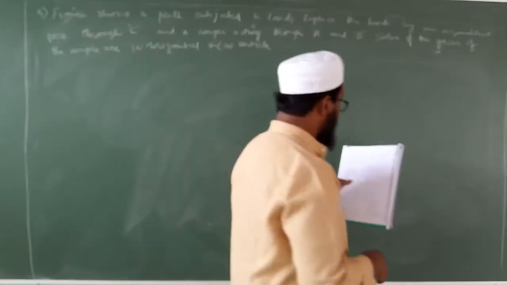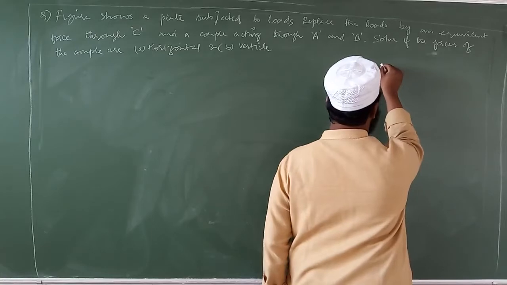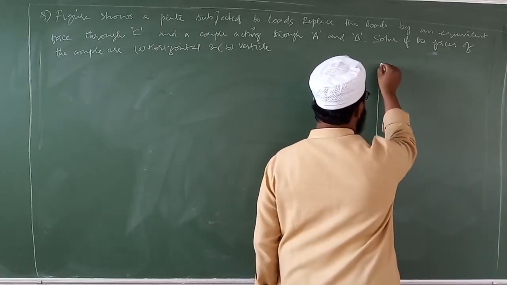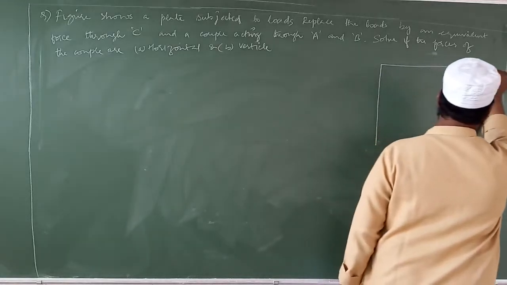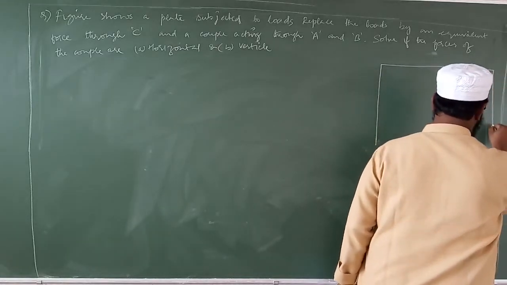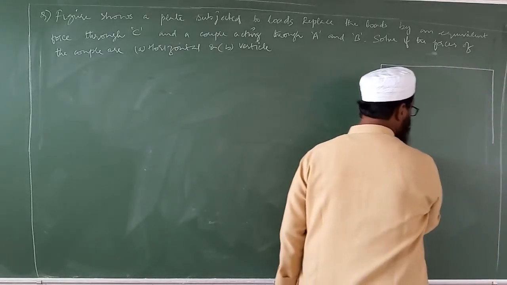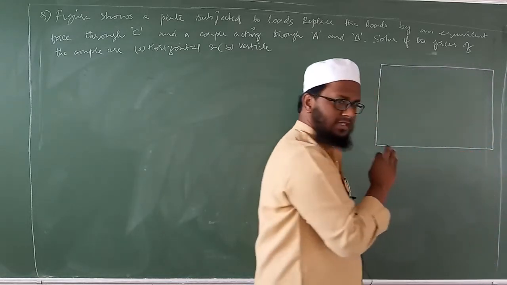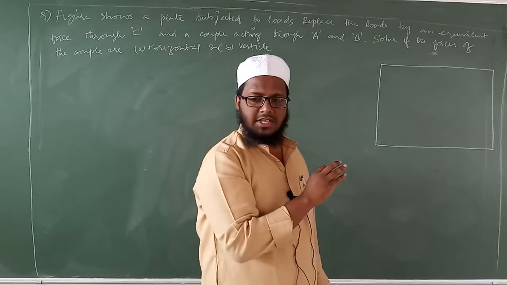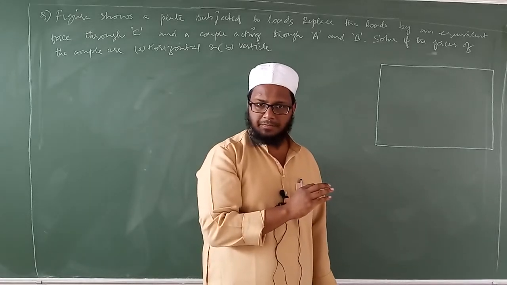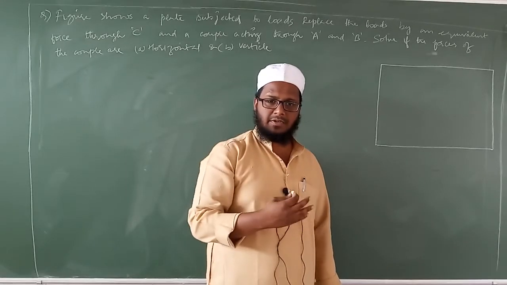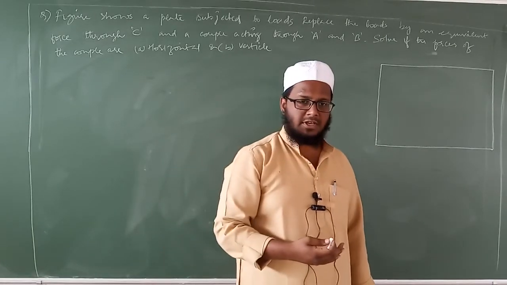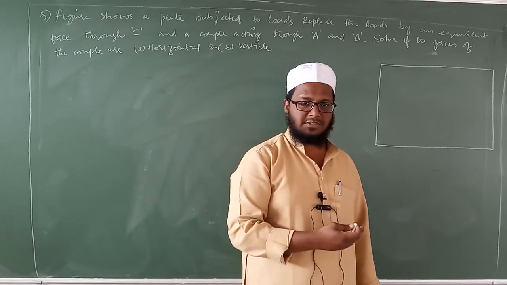I'll draw this diagram. So we have a plate here. This question is actually the best example of a steel structure. Nowadays, many function halls in Hyderabad are being constructed with steel structure, isn't it?